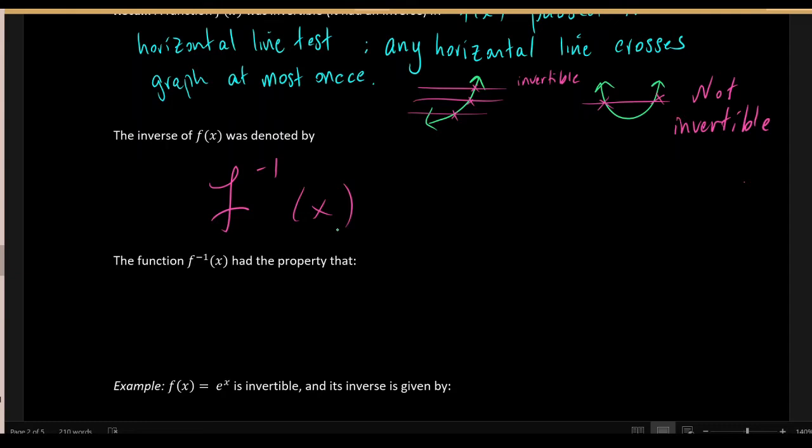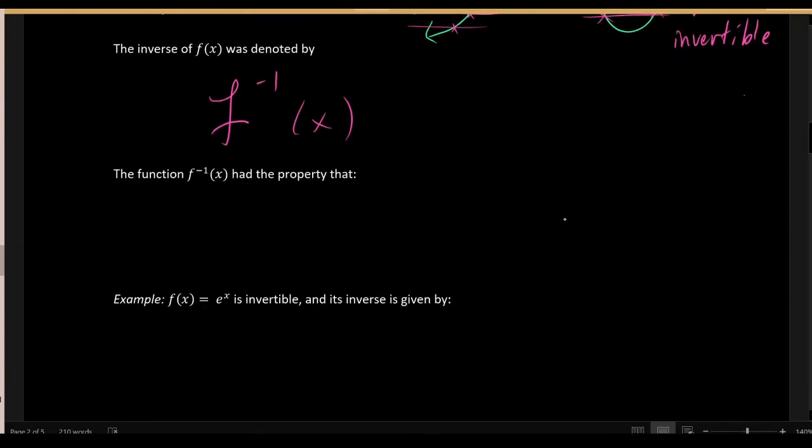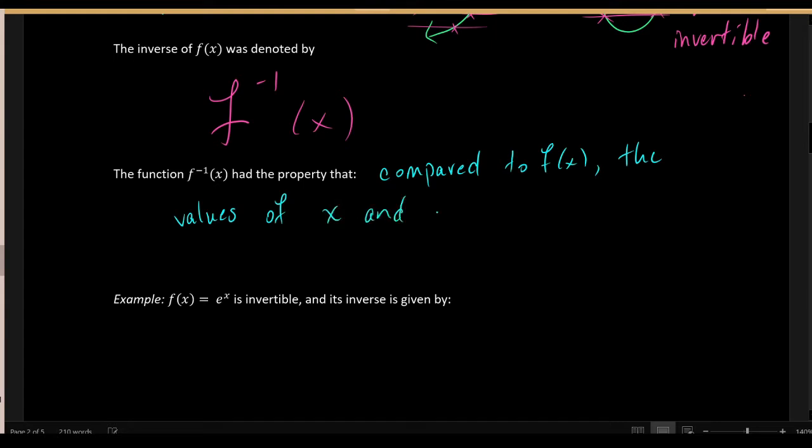Now, what was the defining feature, the big important property of the inverse function? The defining feature of the inverse function was that, compared to the original function f(x), the values of x and y were swapped.